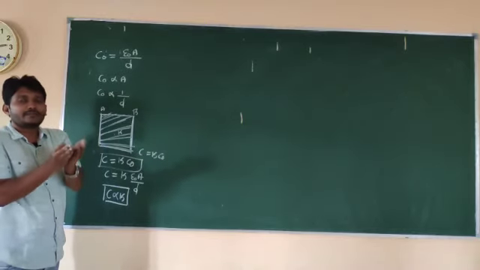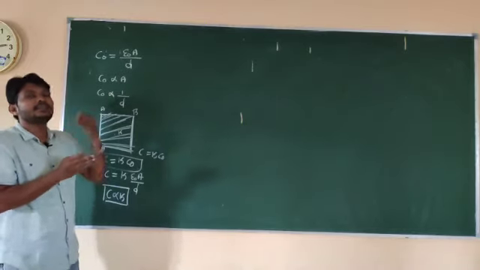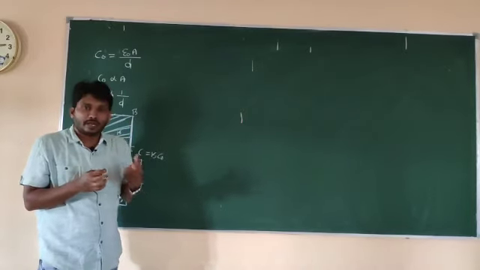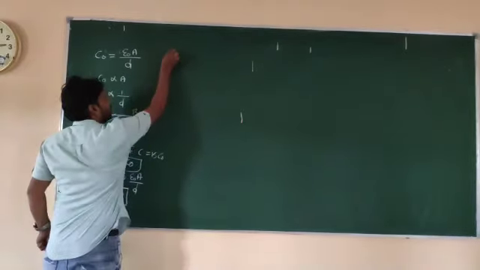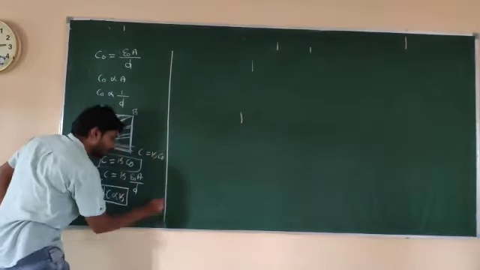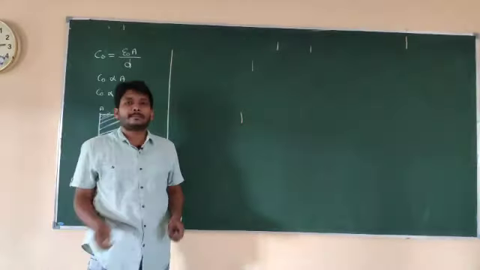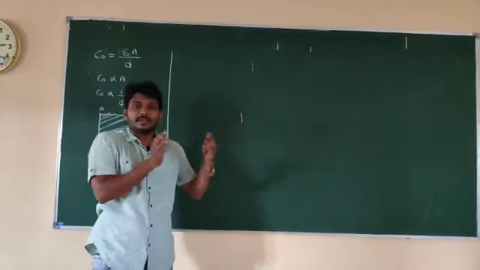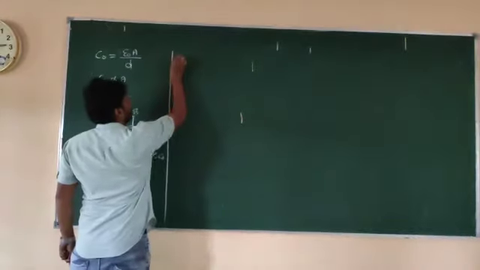If I partially place the dielectric medium between the plates, how will the capacitance respond? Let me derive an expression for the capacitance of a parallel plate capacitor when the dielectric medium is partially placed between the plates.